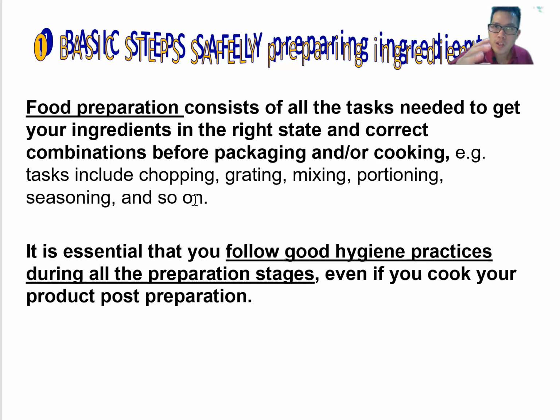You have to remember, even during preparation, you need to follow hygienic practices, which means you need to wash your hands before touching your ingredients. After you touch your ingredients, you wash again before you touch another ingredient. Very important, especially when touching between vegetables and raw meat. Never mix them together.